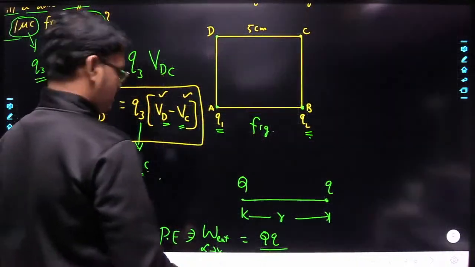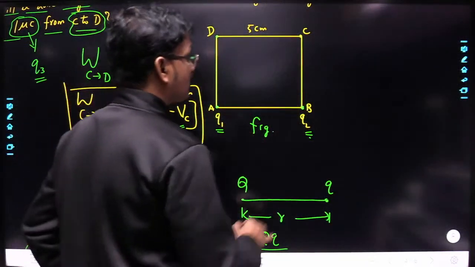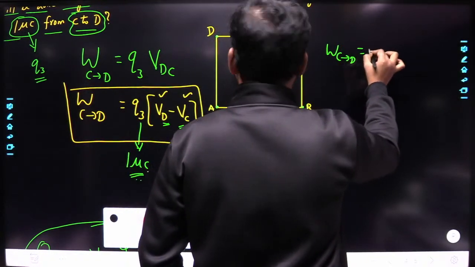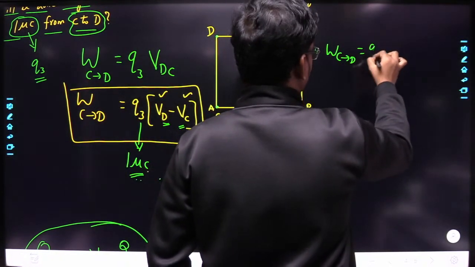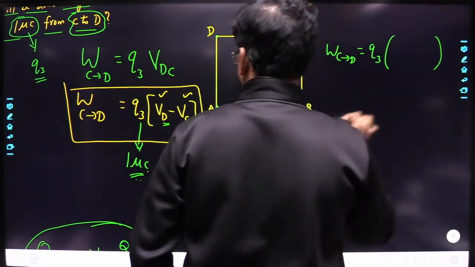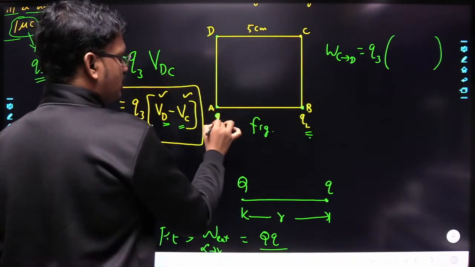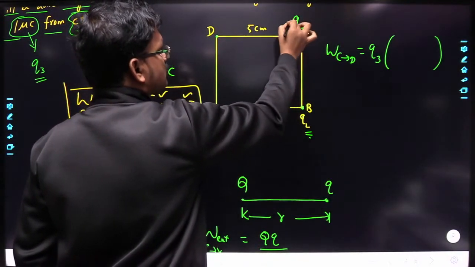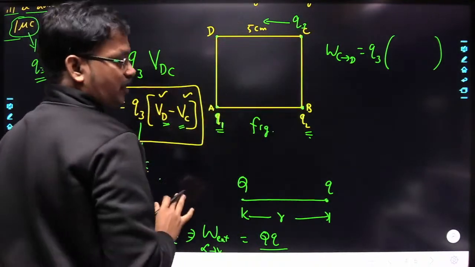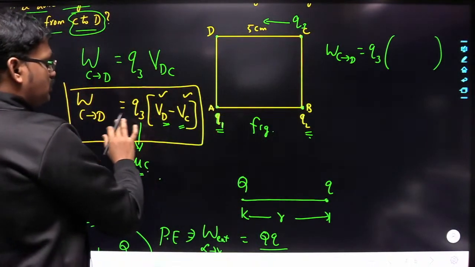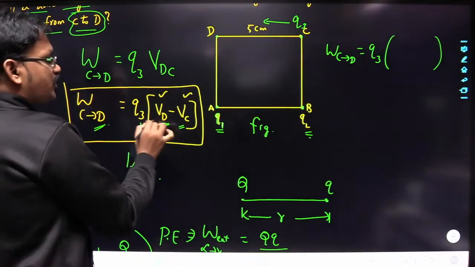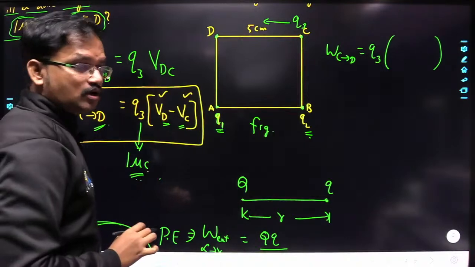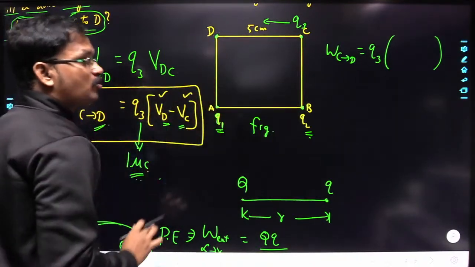So now, work done from C to D is equal to Q3 into the potential at D. Here you have Q1 and Q2, and you want to move the Q3 charge from C to D. So the work done from C to D is Q3 into (V_D minus V_C).